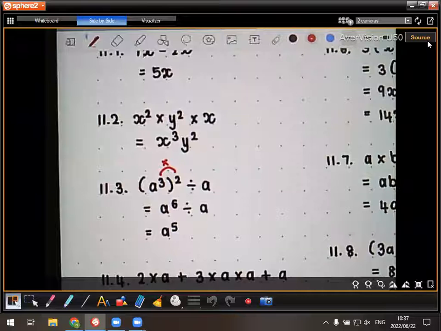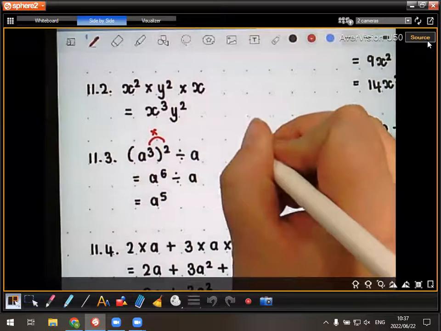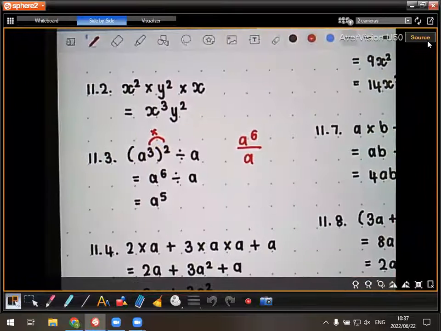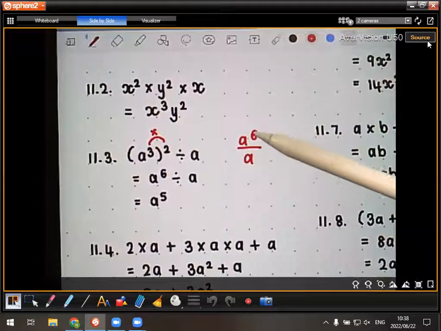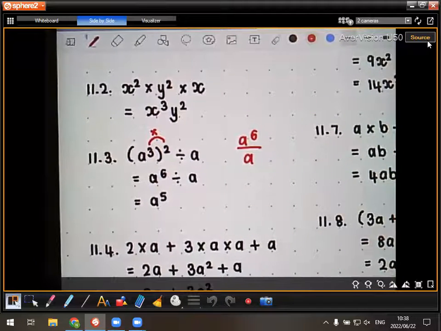So a to the 5 is the answer there. If you want to, you could have written this as a fraction, which might be a bit easier to look at. You have 6 a's at the top, 1a at the bottom. If you cancel out the 1a at the bottom with one of the 6 a's at the top, you're going to be left with a to the 5.